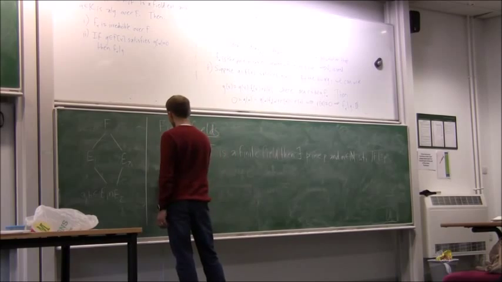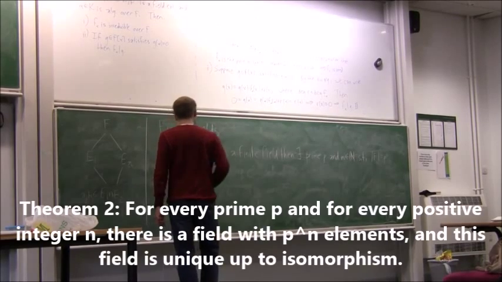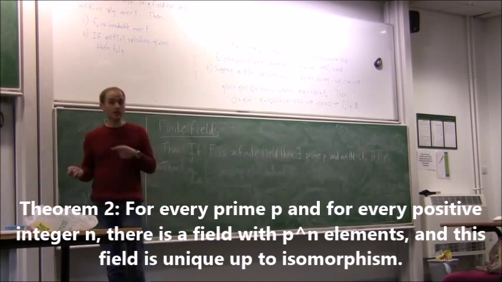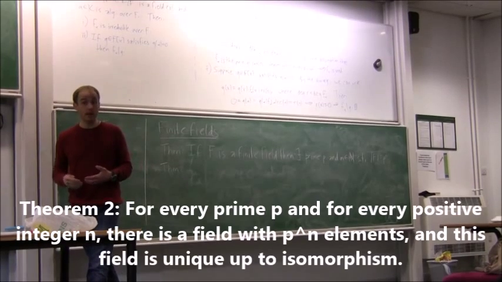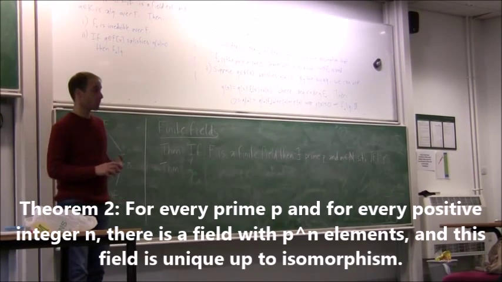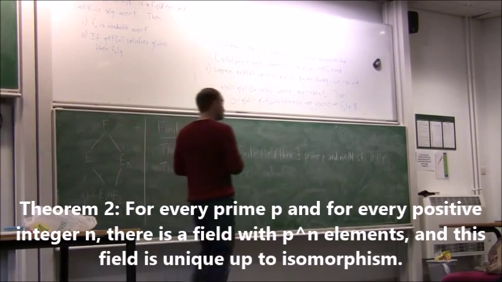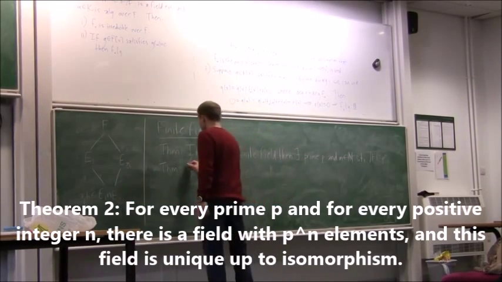Theorem number 2. Theorem number 2 says, for every prime power, there is a field that has that many elements, and there's only one up to isomorphism. Okay? So let me write that down.